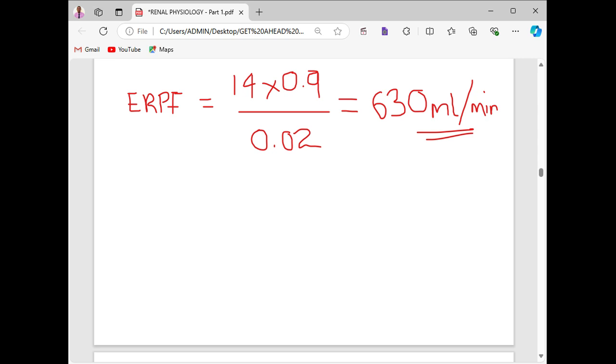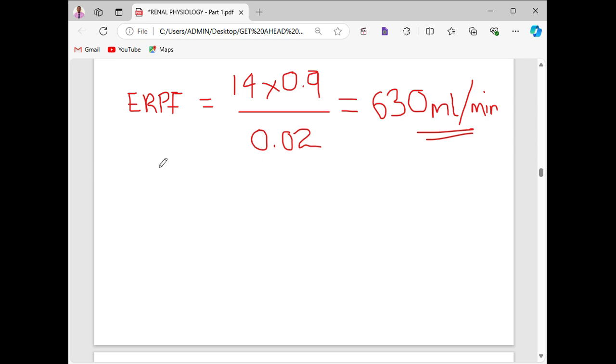Always remember that the renal extraction ratio of PAH in a normal individual is approximately 0.92, but Ganong will put it as 0.9. That is just a figure, you just need to know it.